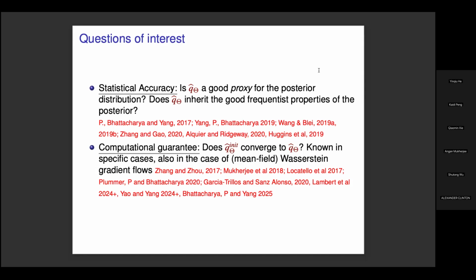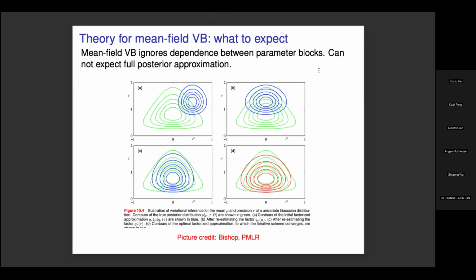And this has been answered only in very special cases until more recently. But we are going to talk about a general theoretical framework to analyze the computational algorithm associated with, say, mean field inference.